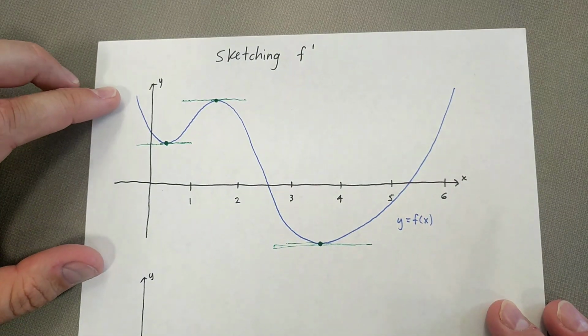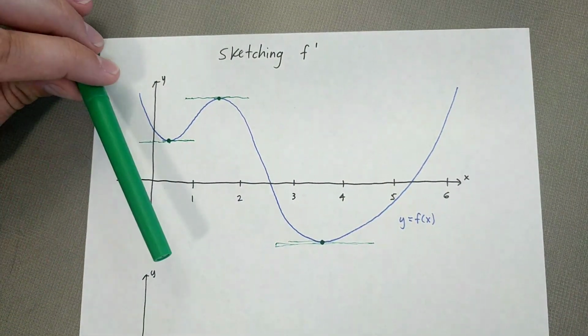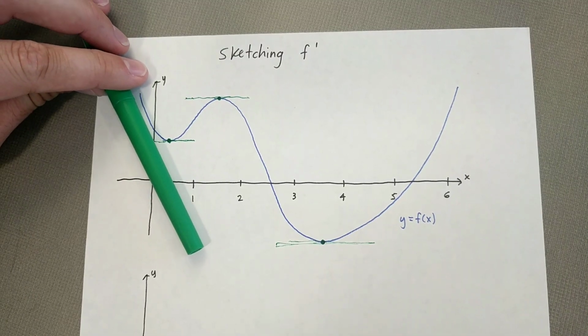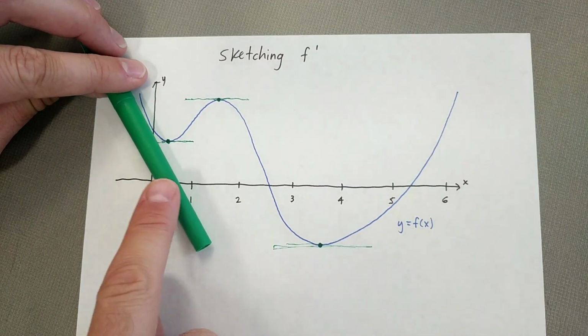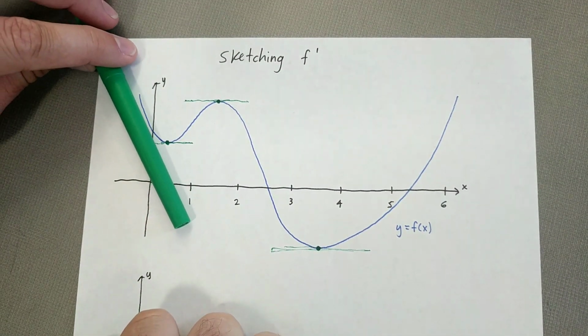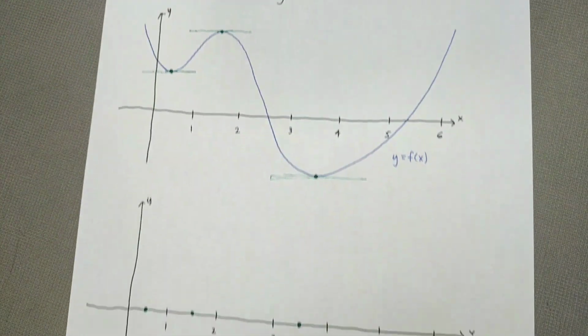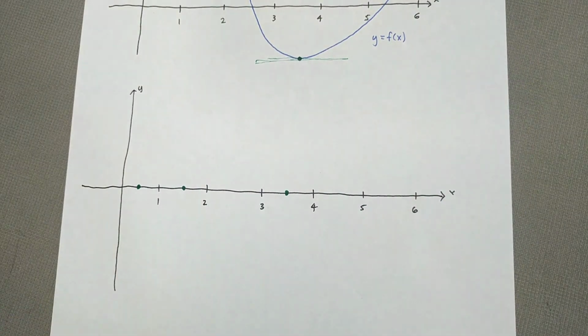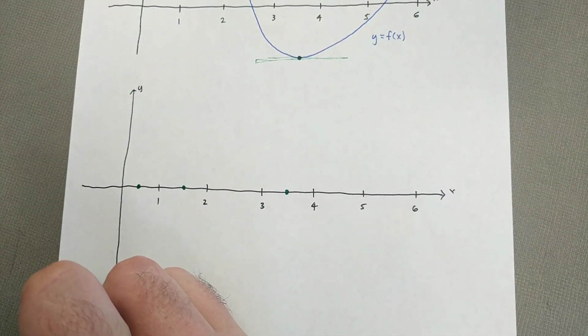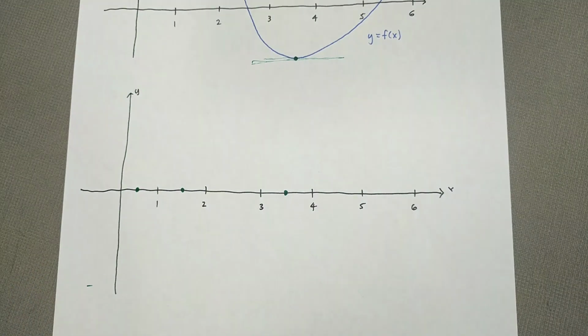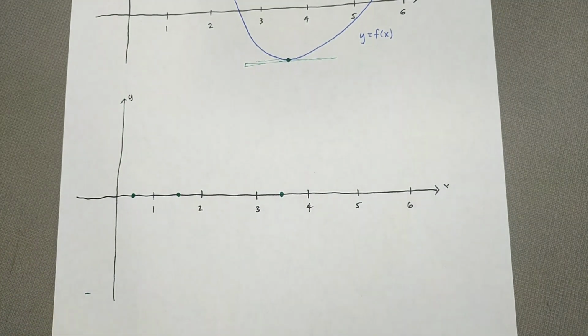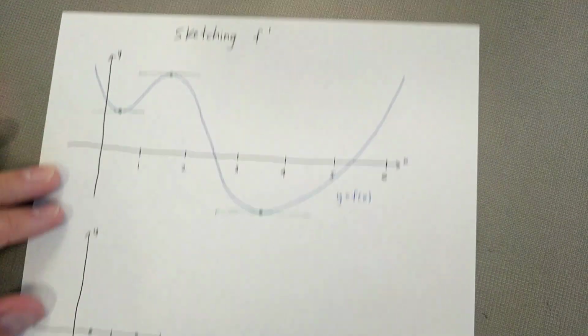Well, the first thing is, the slope is negative as we go along here. If you look at my pen being like the tangent lines, it's negative until it hits that 0. So down here, I know that I'm going to be graphing negative values. And I like to put a little negative sign down in the area to let me know that's where I'm going to start. All right, keep going.